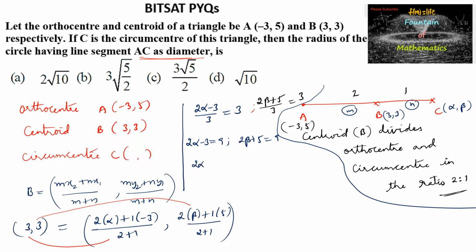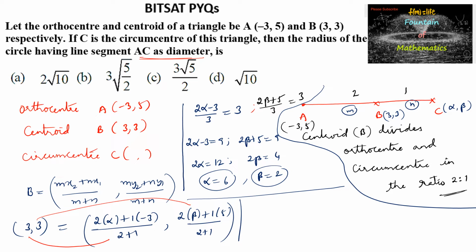So 2 alpha = 9 + 3 = 12, and 2 beta = 9 - 5 = 4. So alpha = 12/2 = 6 and beta = 4/2 = 2. So we got the coordinates of the circumcenter. Circumcenter C is (6, 2).